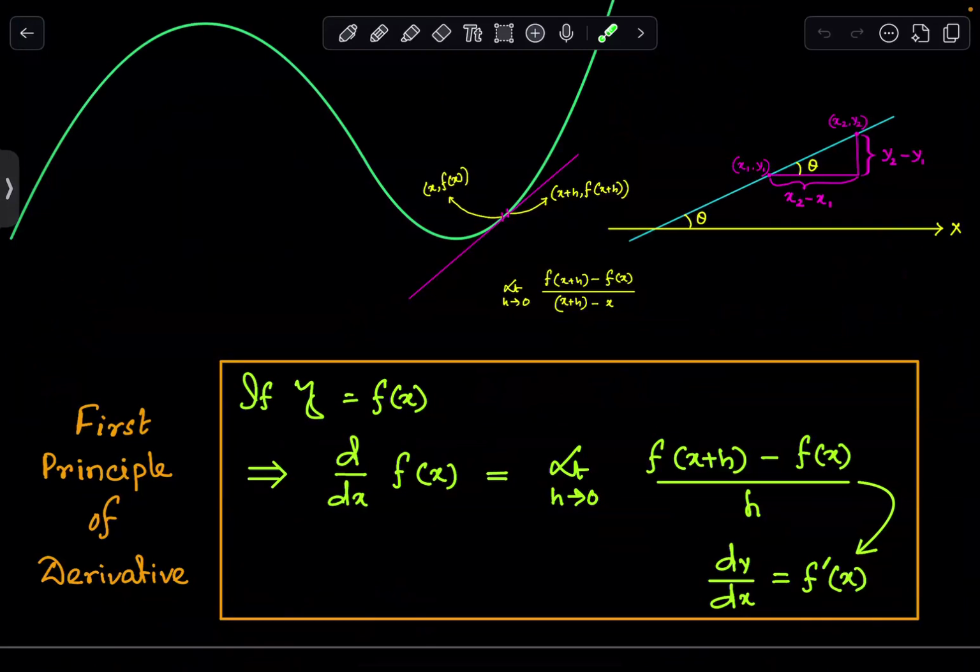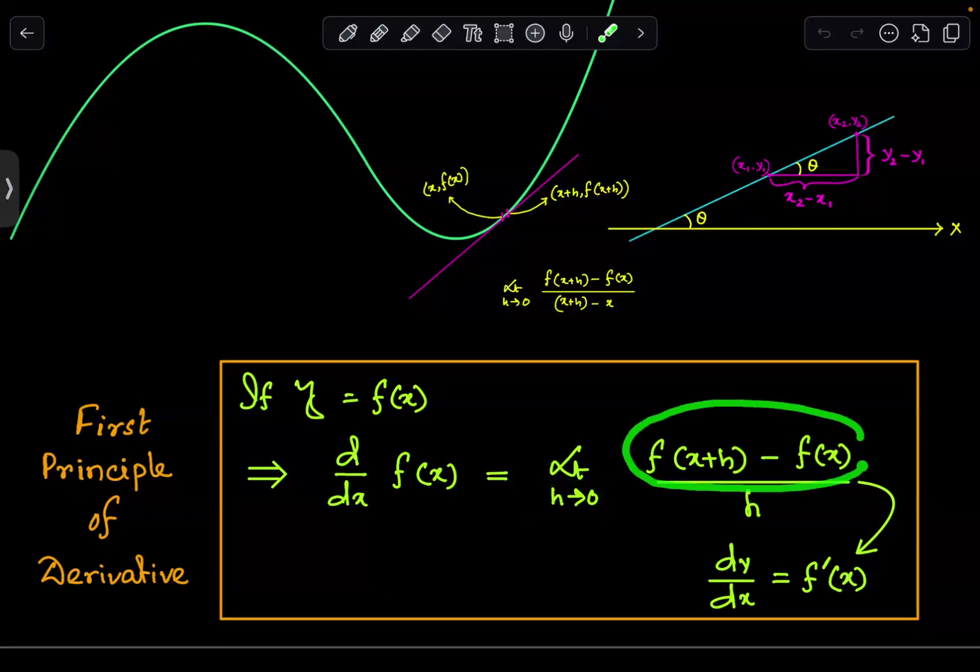As per the first principle of derivative, for any function y equals f of x, its rate of change with respect to x is the limiting value, for h approaching 0, of the change in ordinate divided by the change in abscissa.